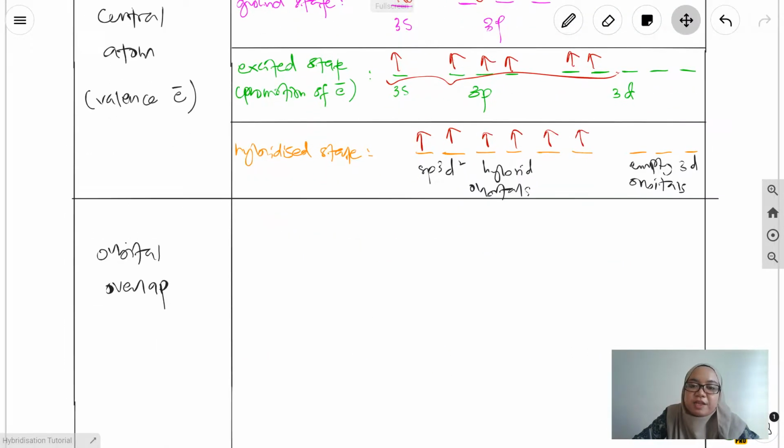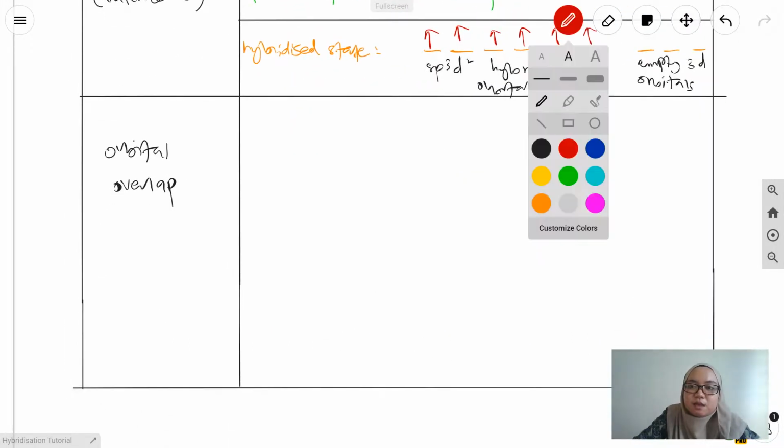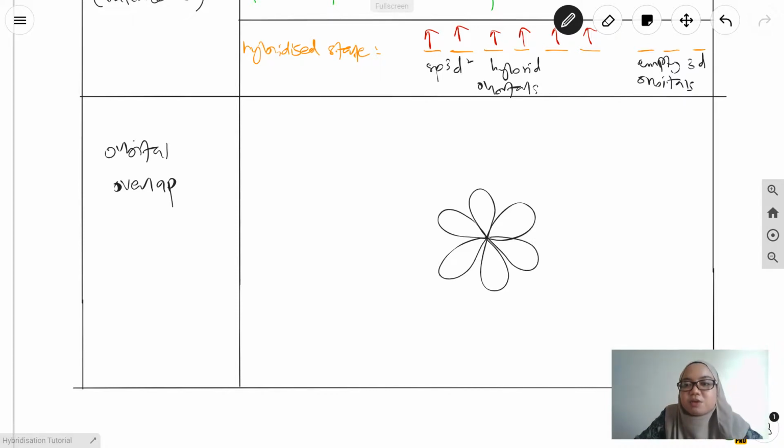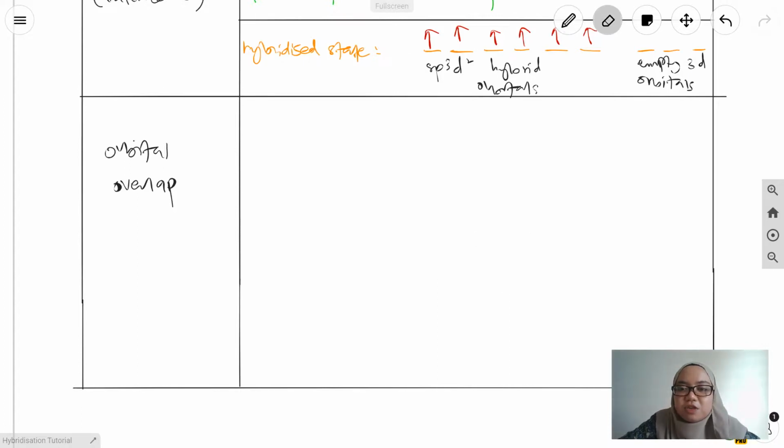So we need to draw it like this. So the shape is like this, and then like this, octahedral, and then like this.